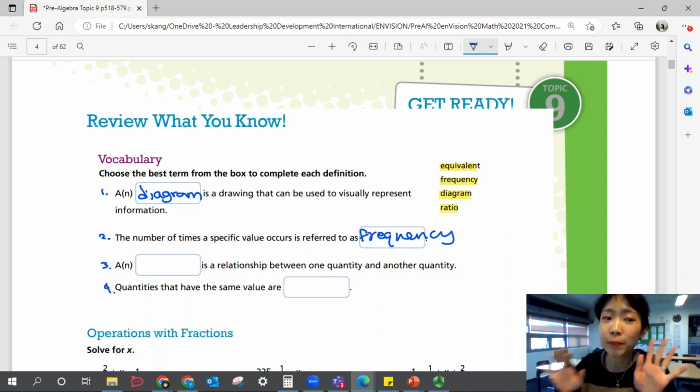So relationship, you're comparing one to another quantity. It's a, so we got rid of these two. It's ratio. All right, and last but not least, quantities that have the same value are equivalent. If they have the same value, it's called equivalent value or expressions.